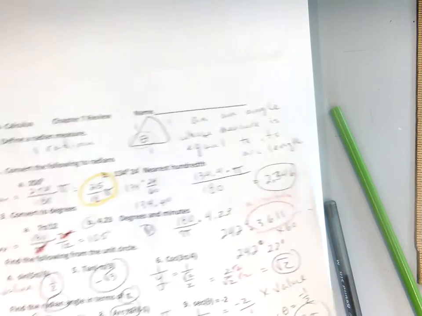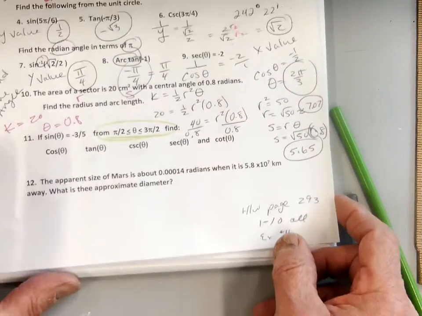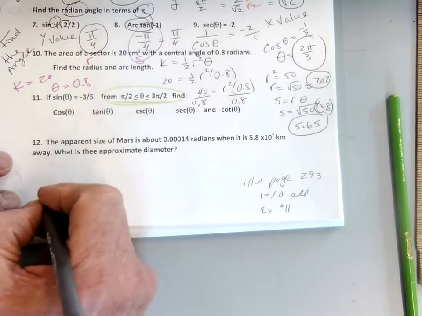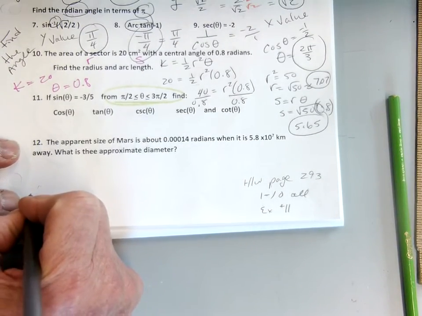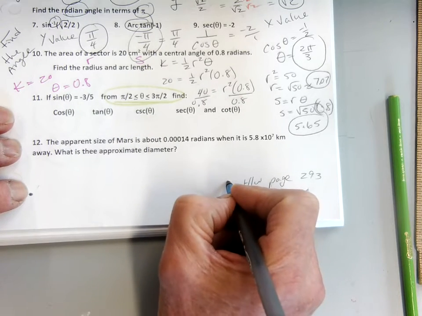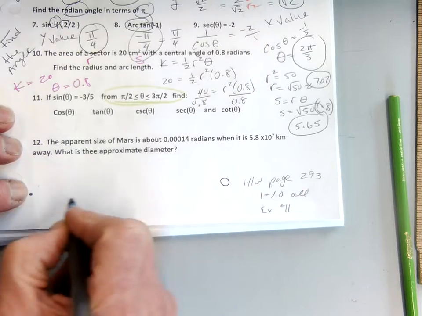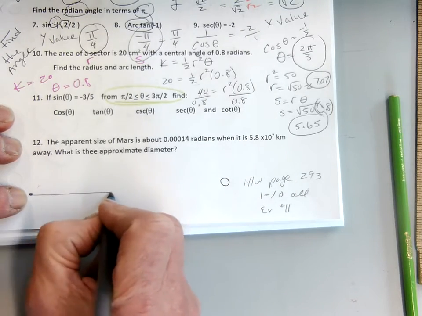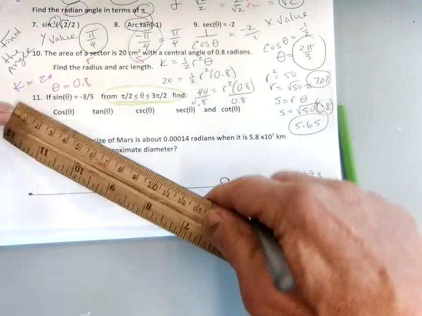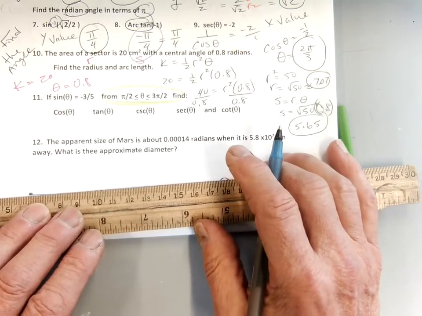Okay, turn the page. Now, 12. Let me draw a picture on the whiteboard because it helps. Here's you. You're standing on Earth, looking in a telescope, and you see Mars. You get this thing called an apparent size, which is a really small angle.